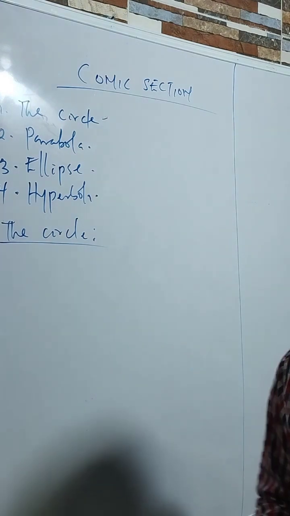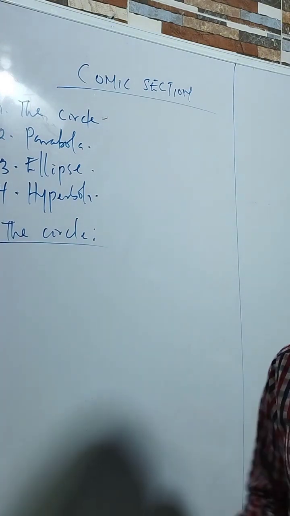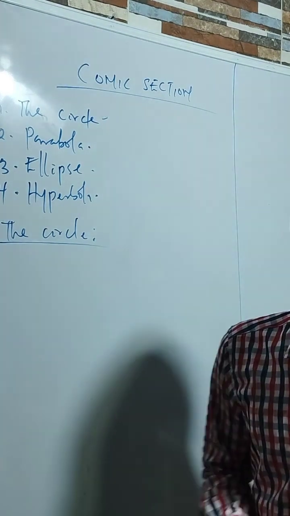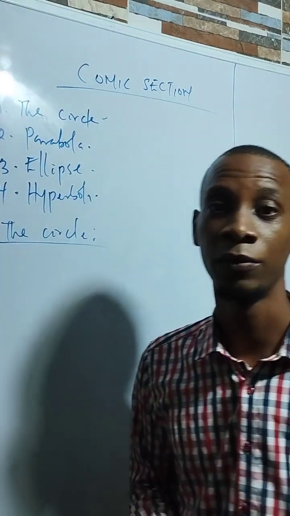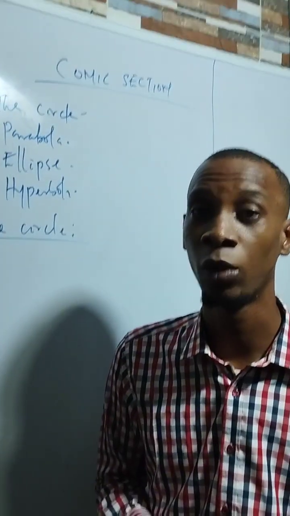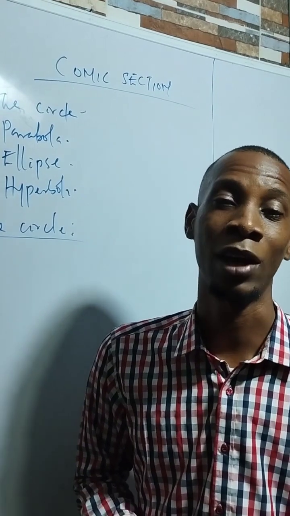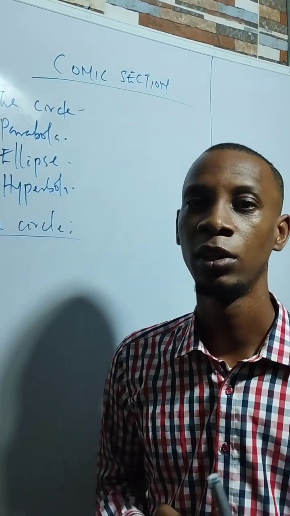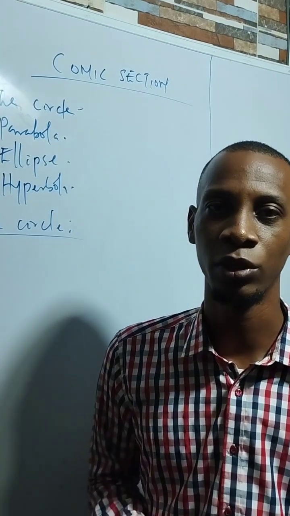I also said that for you to have the equation of a circle, there are 2 major points you need to always remember, which are the center and the radius of the circle. You cannot find the equation of a circle without knowing the center and the radius.